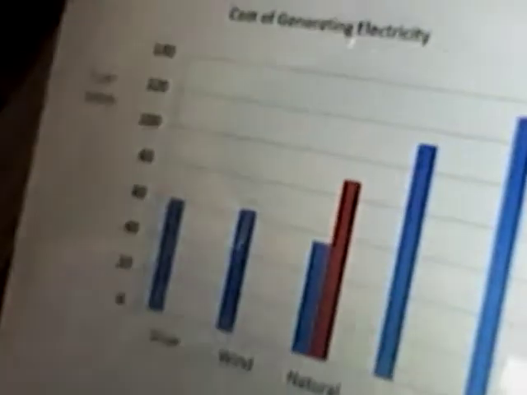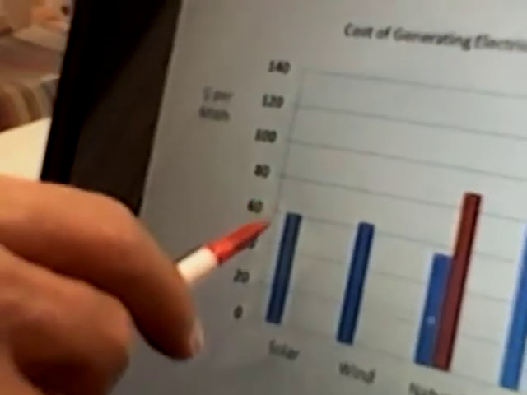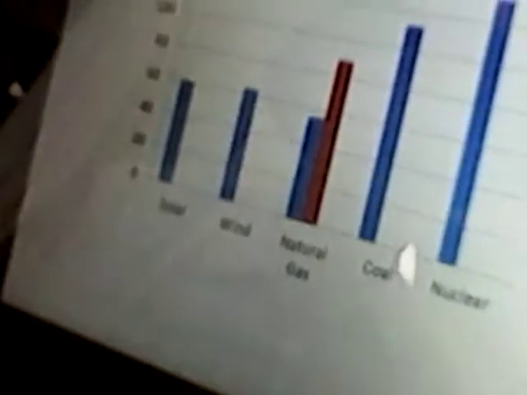The most efficient is combined cycle. It basically consists of a gas turbine followed by a steam generator followed by a steam turbine, and that's the most efficient, and therefore the costs there are actually a hair below $60 a megawatt hour. The other kind is called simple cycle gas turbine. Those are less efficient and their cost is higher, as you can see.